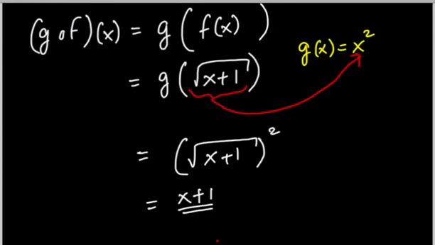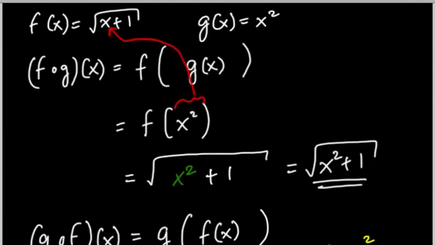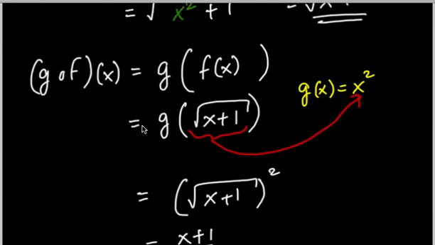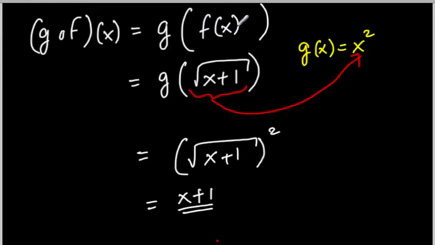So keep in mind that when you're doing the composition of functions, the second function that you see becomes the argument, all right? And then replace x with whatever the argument is. So same thing over here when we did g of f of x. F of x is the square root of x plus 1, and we said that g of x is simply x squared.